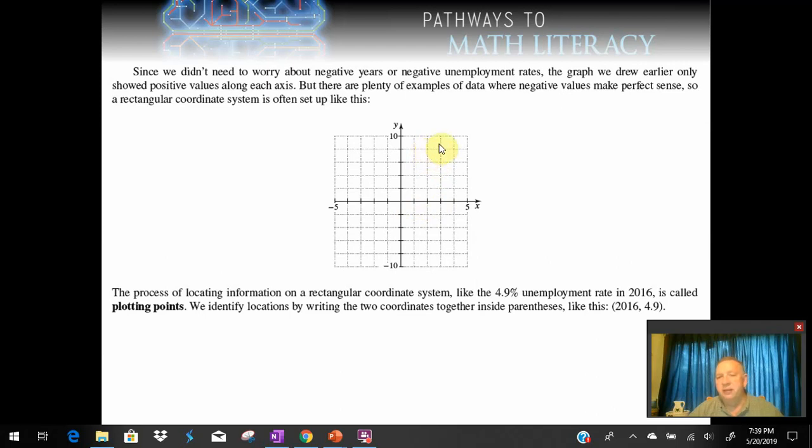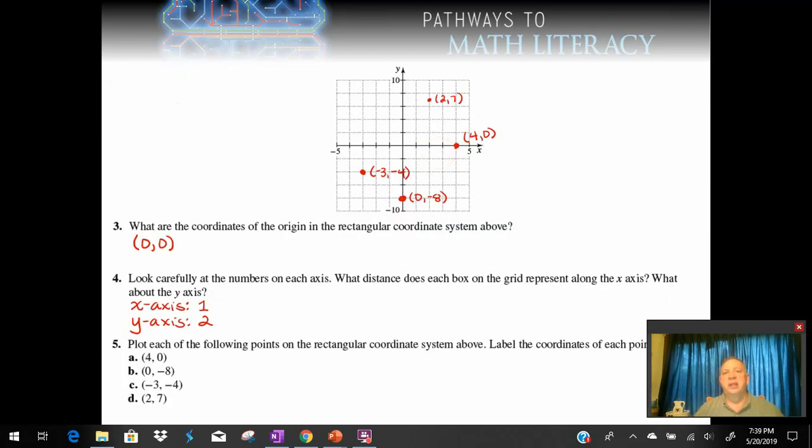We draw a point, and then many times we'll want to label it with those XY coordinates. So here it is, the coordinates of the origin, that's basically 0, 0, X, Y.